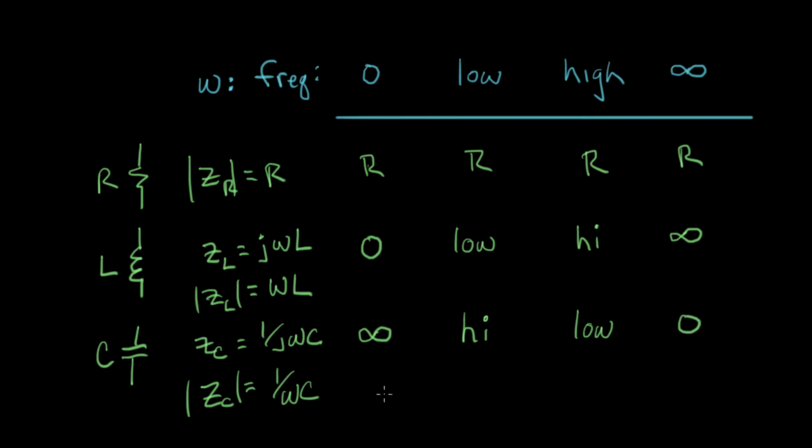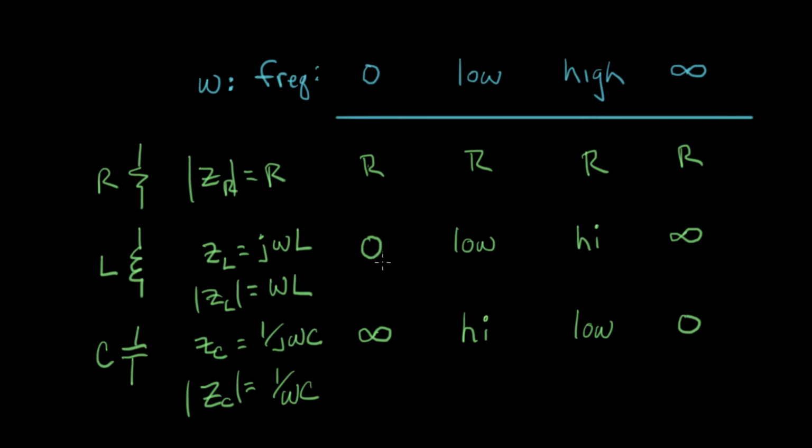With this chart, I can show you some of the words that we use, some of the slang or jargon words that we use in electrical engineering to describe the behavior of L and C at different frequencies. So as we said, R is R at any frequency. So resistance is constant. In an inductor, it changes over this big range of frequency. And at 0 frequency or low frequencies, the impedance is very low.